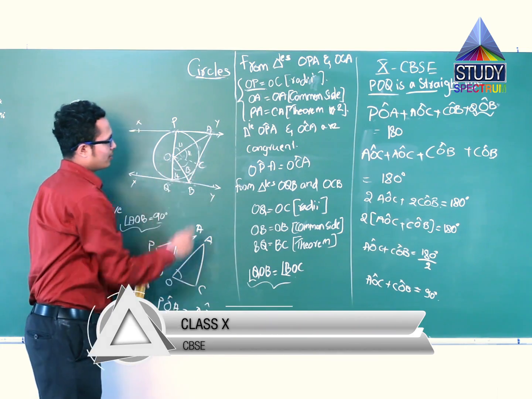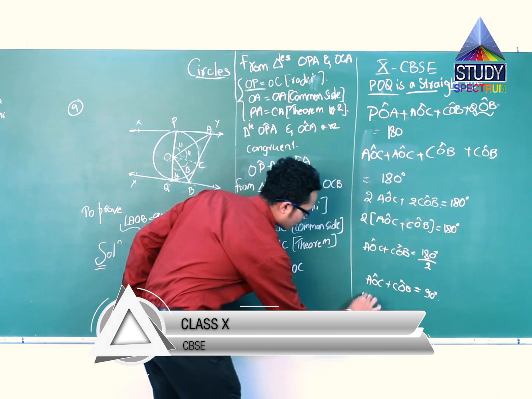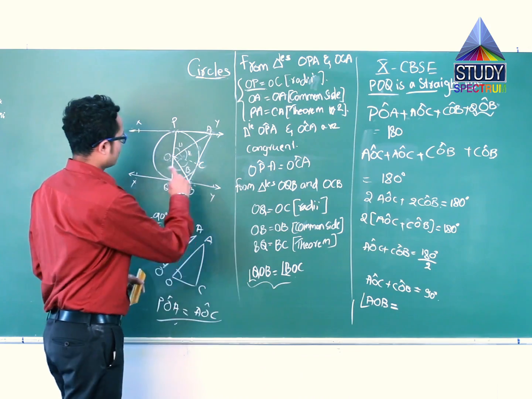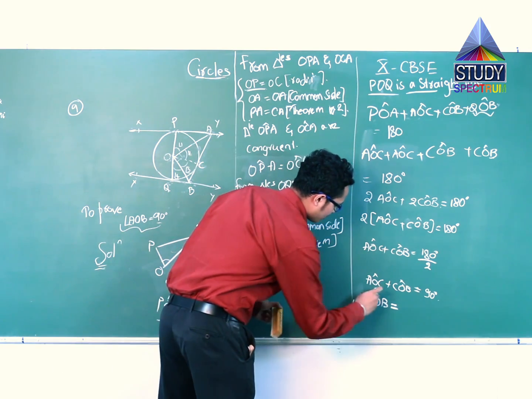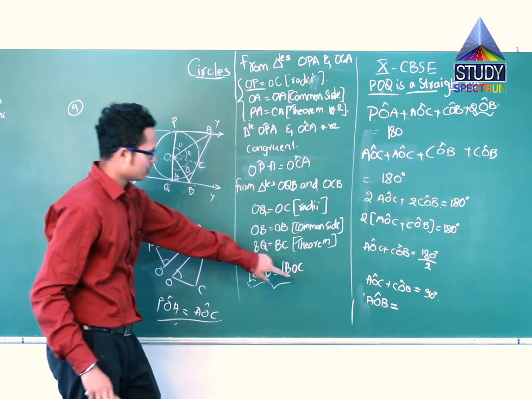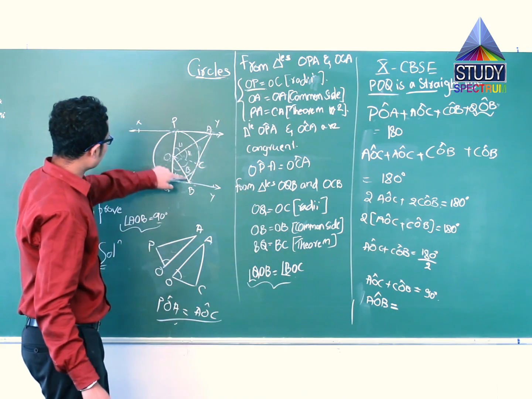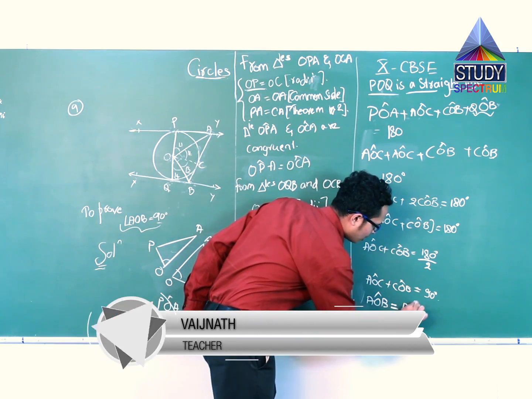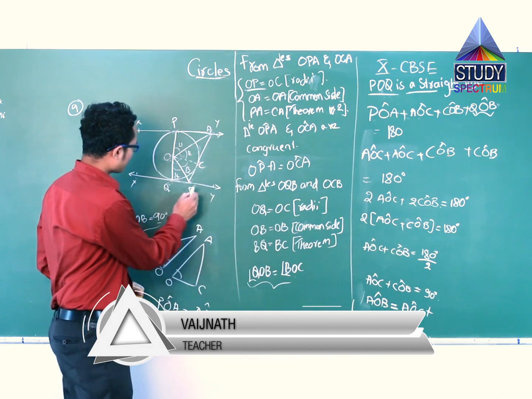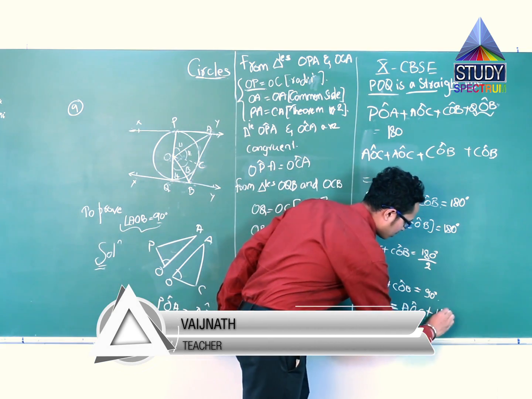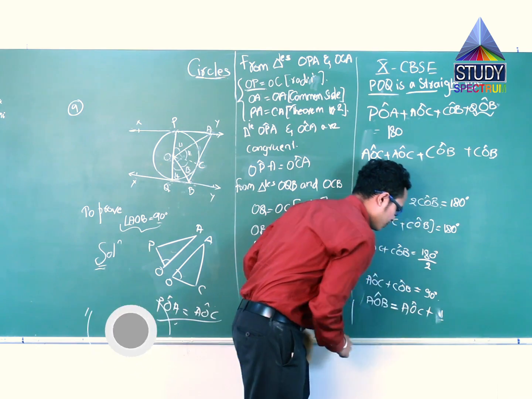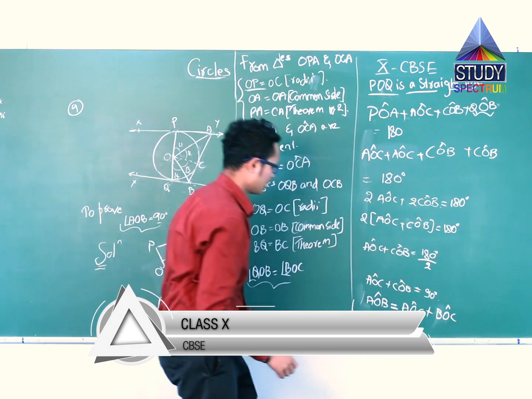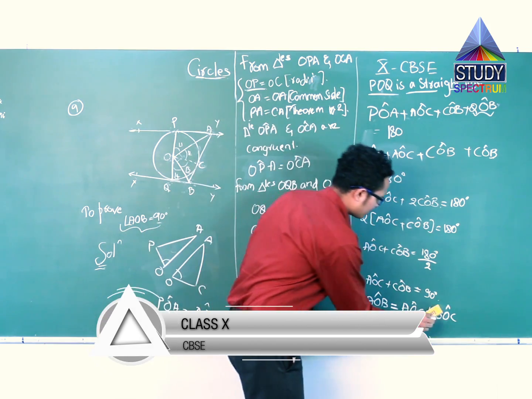Angle AOB, you can write in any other form, in this form also. Angle AOB is equal to angle AOC plus angle BOC. COB or BOC, it means one and the same.